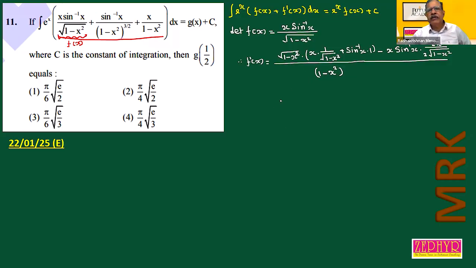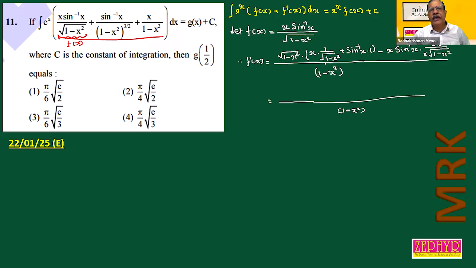So when you simplify, this 2 is getting cancelled. In the denominator, we have got 1 minus x squared.